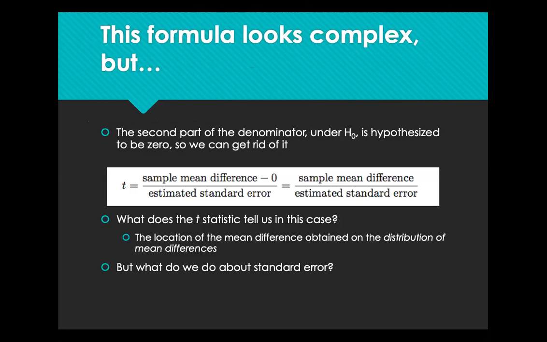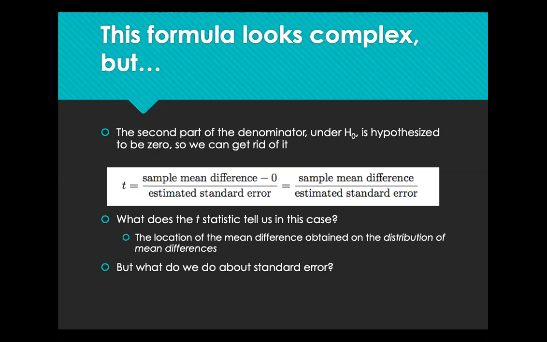So the formula looks complicated, but if we break it down and look more closely, the second part of the numerator under the null hypothesis is hypothesized to be 0, so we can get rid of it, right? We're looking at the differences between the two sample means, the difference between the mean for group 1 and the mean for group 2.